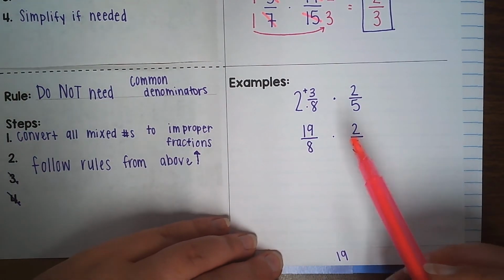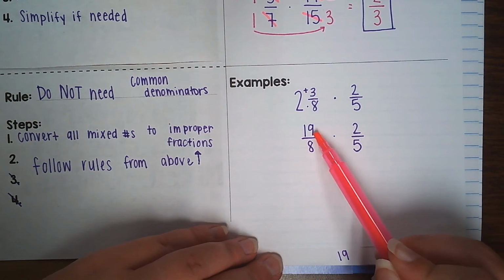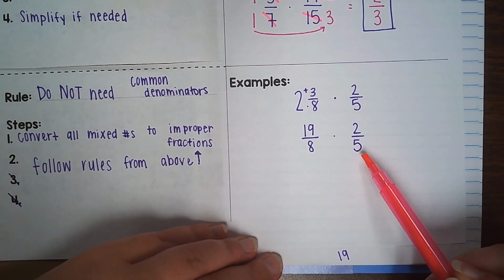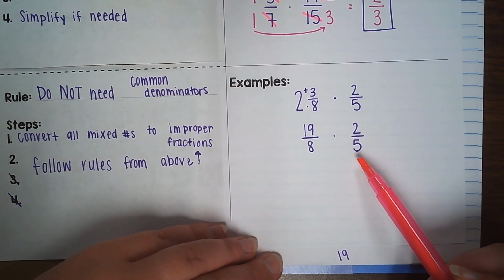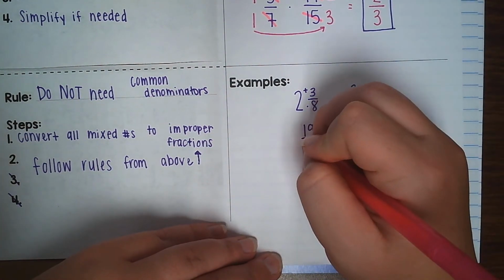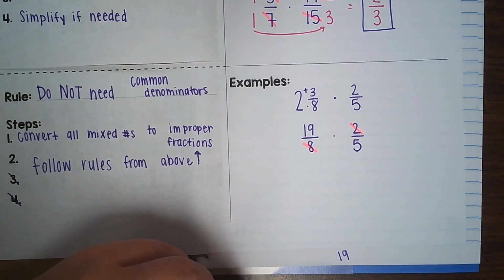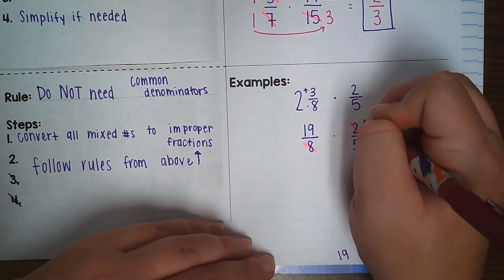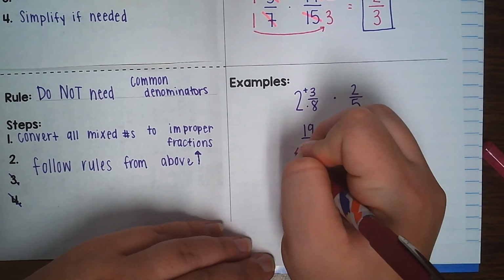Okay, so check your diagonals. Do 19 and 5 have anything in common? No, but 2 and 8 do. 2 and 8 can both be divided by 2, making 2 a 1 and 8 a 4.